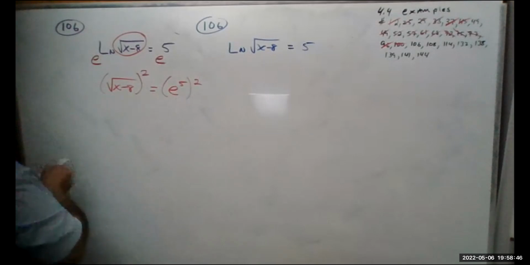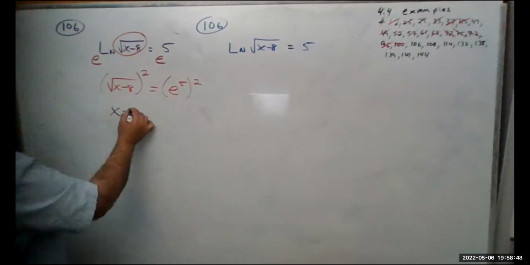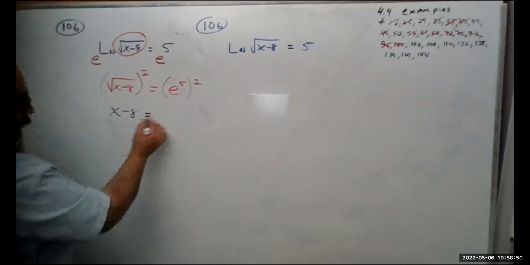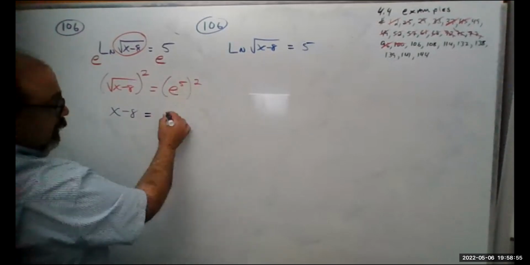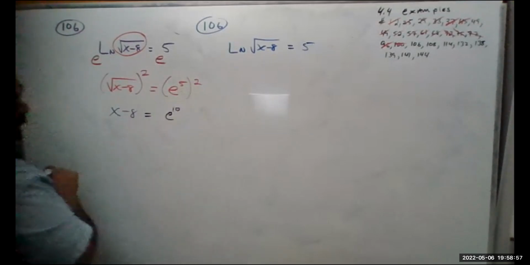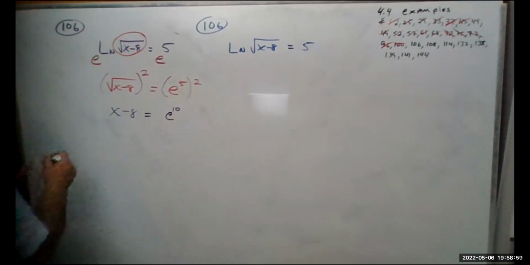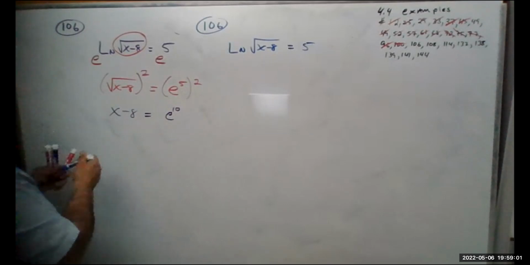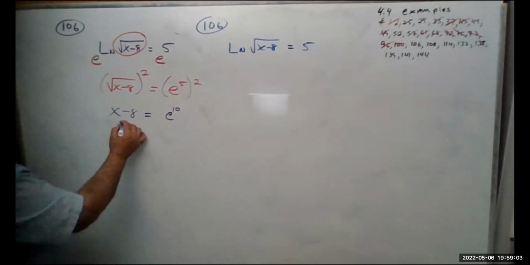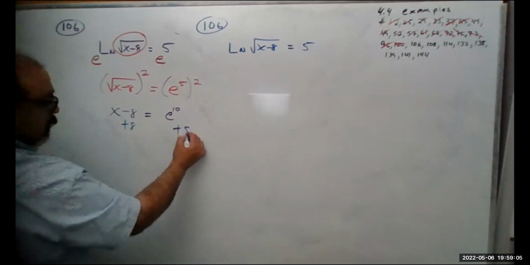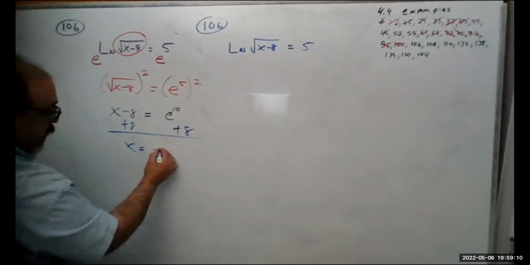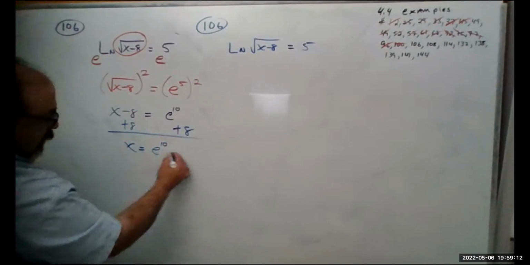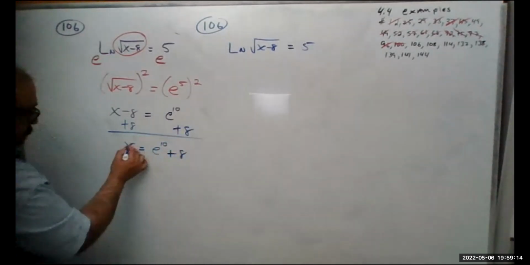So you end up with x minus 8 equal to, be careful here, power to a power, you multiply, e to the 10th power. Before you punch it into your calculator, the answer is going to look like e to the 10th, and then you would add 8 to that answer.